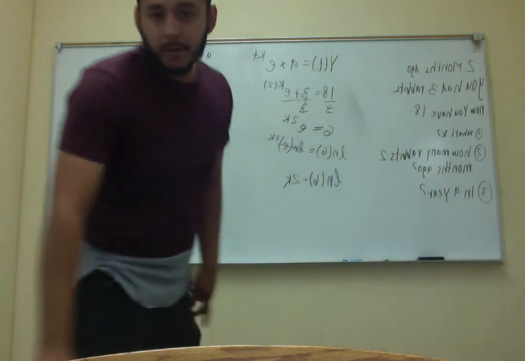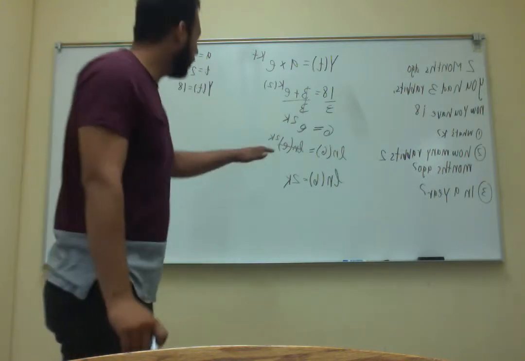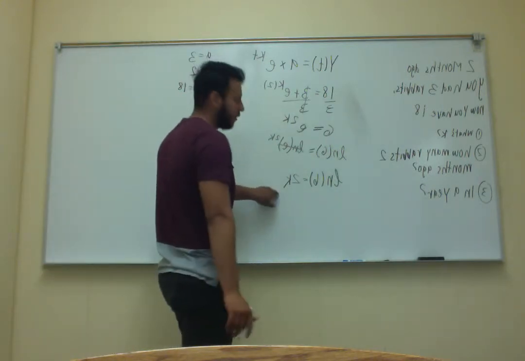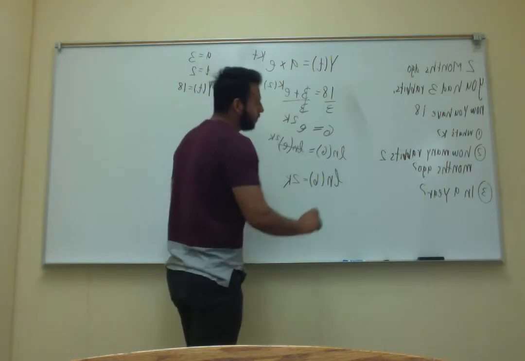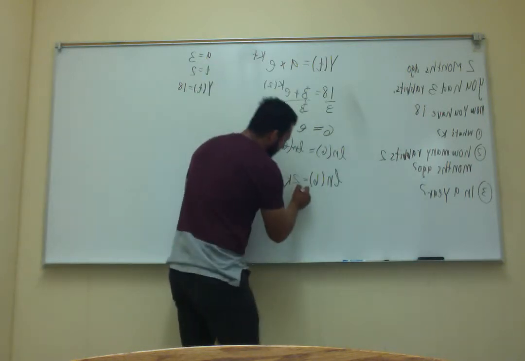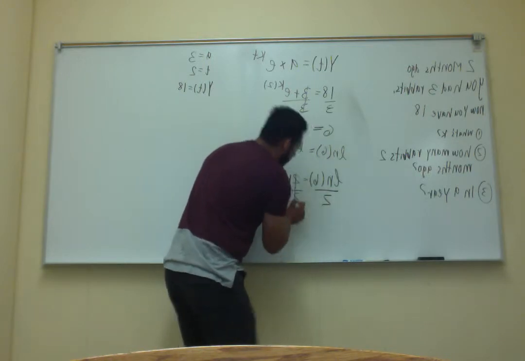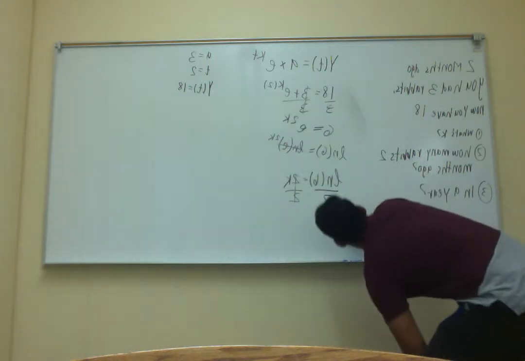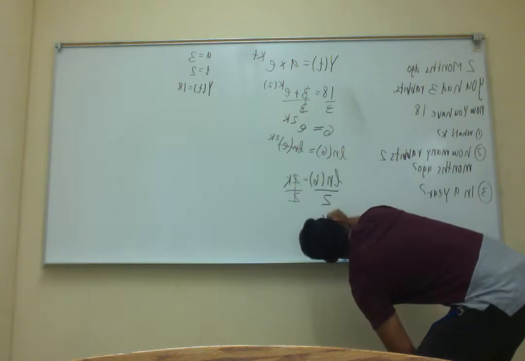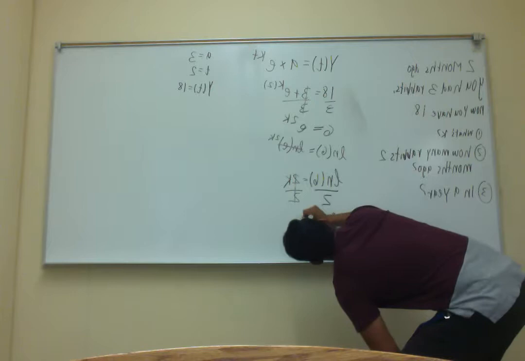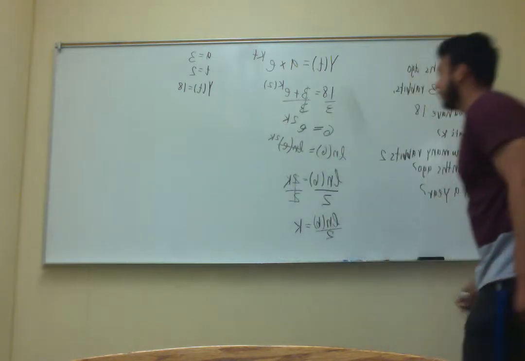And now we'd keep working this down until we get k alone. We're trying to figure out k right now. And now we divide this by 2 to get k alone. These cancel, so then our final equation would be ln 6 over 2 equals k.